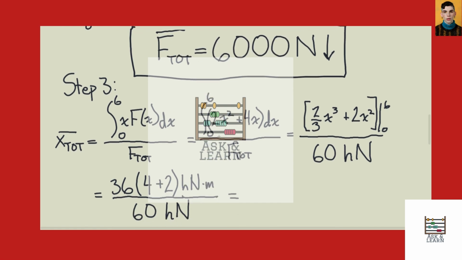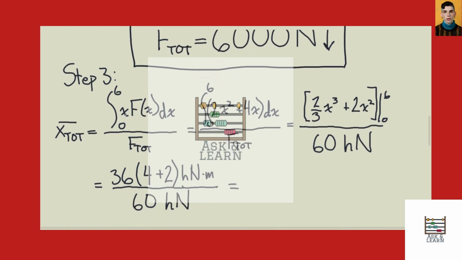We will show the product of f of x, which comes to 2x squared plus 4x. Integrating that, we are left with 2/3 x to the third plus 2x squared that we evaluate from 0 to 6. And all of this is over our total force load magnitude of 60 hectonewtons.